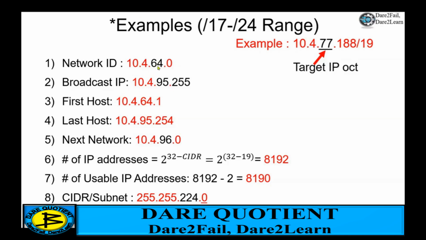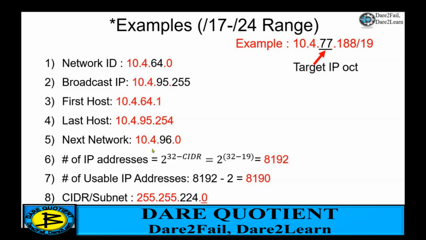Remember, you're dealing in the third octet. And your next network, which is the next subnet, starts at 96. So you have 10.4.96.0. We're dealing with the third octet. So that's why all these numbers are changing in the third octet.